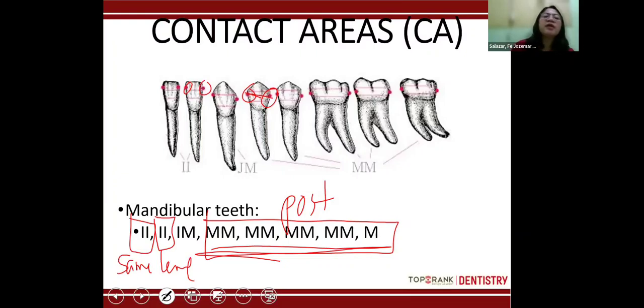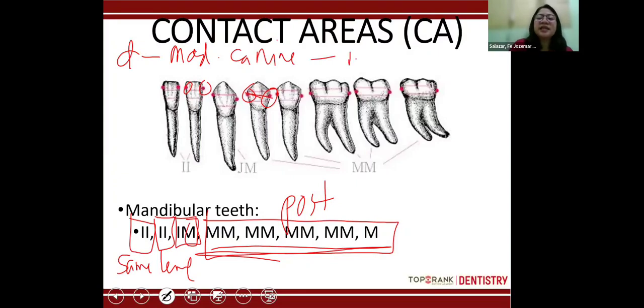Okay, question again. Where can you find the distal contact area on a mandibular canine? Where? This is the canine, so where is the distal? Yes, it's in the middle third. Another question. Where can you find the mesial contact area on a mandibular third molar?